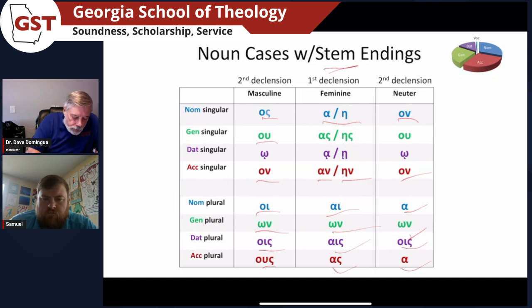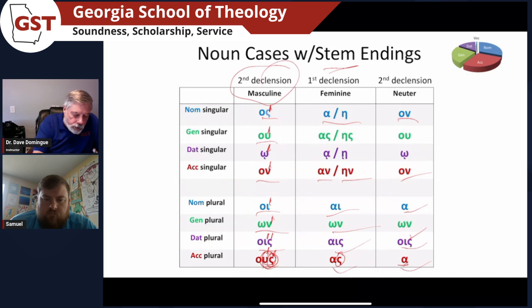And you see sigma and alpha, it's almost like they switch. There's a lot of patterns that you can recognize. But here's the pattern really. When you're looking at second declension masculine, this is the pattern you're learning: sigma, upsilon, omega, subscript iota, nu, iota, nu, iota, sigma, upsilon, sigma.